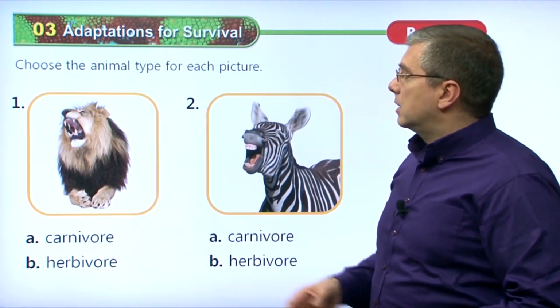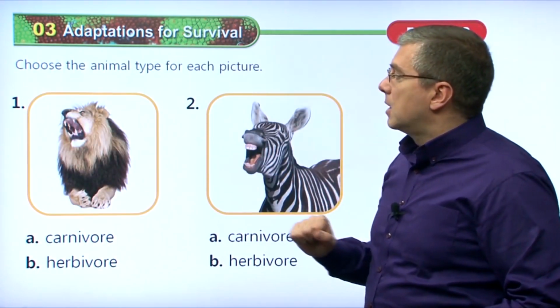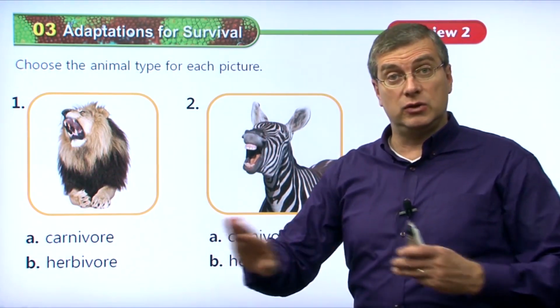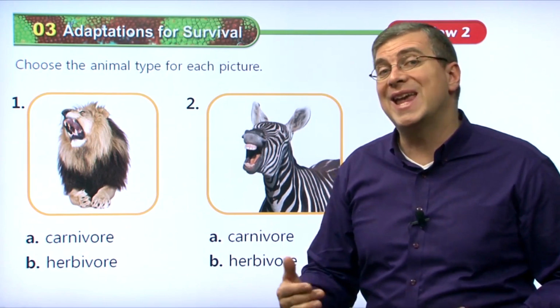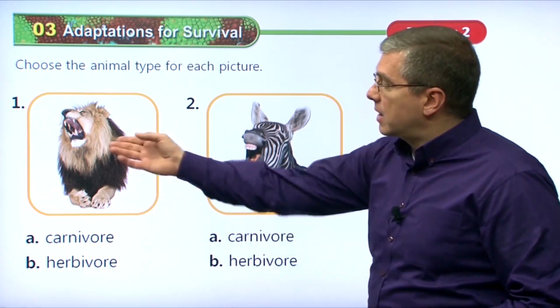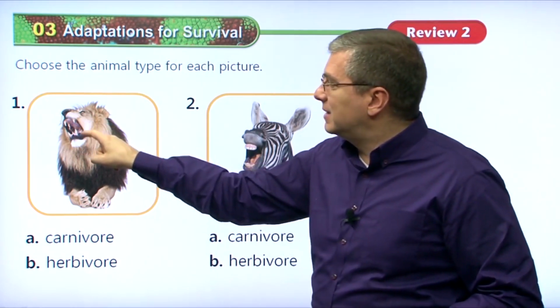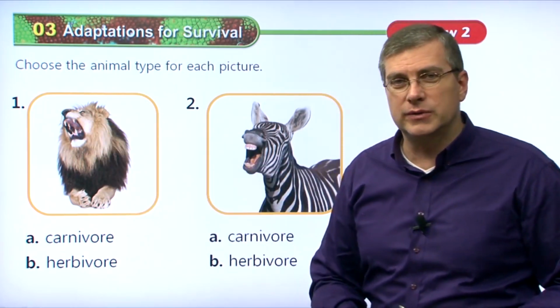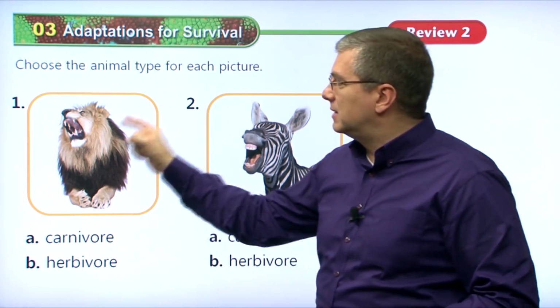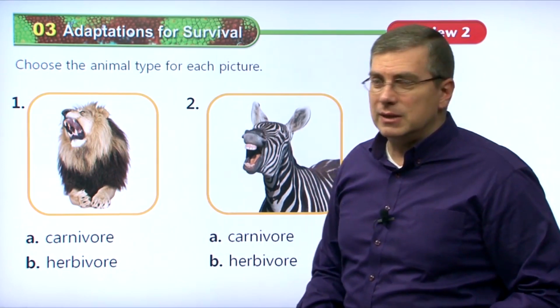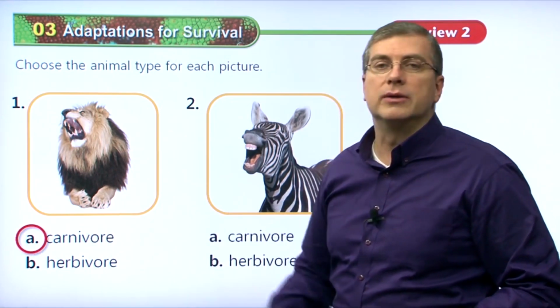Okay, let's take a look at this chart here. We have 2 pictures. Remember, we were classifying animals into 2 main groups by what they eat. Okay? So here we have a picture of a lion. Remember, a lion has sharp, pointed teeth. Remember, I told you that those are fangs. Sharp, pointed teeth. What does this animal eat? This animal eats meat, so it is called a carnivore.